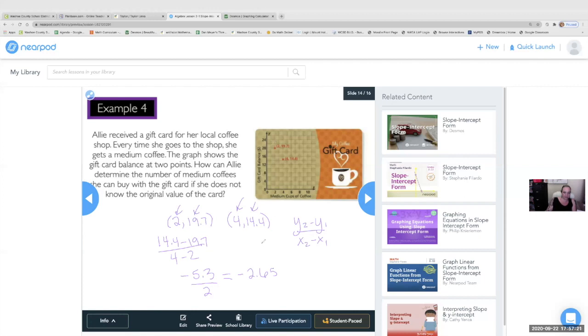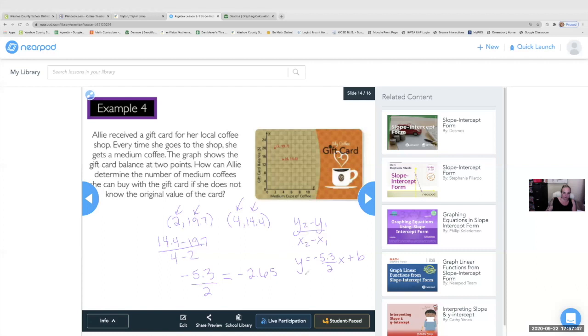Okay. So now remember what we do to figure out the y-intercept is we're going to plug in, we know the slope. So far we have the slope as negative 5.3 over 2x, but we're missing b. So let's plug in some values, pick one. I'm going to just pick this second one because I feel like it.